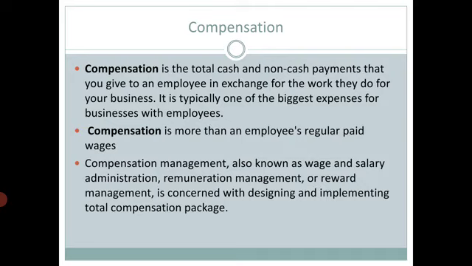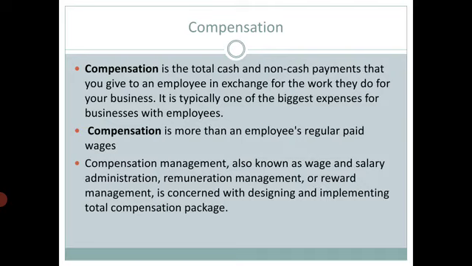Then the third factor of production is capital. Why is capital needed? What is capital?